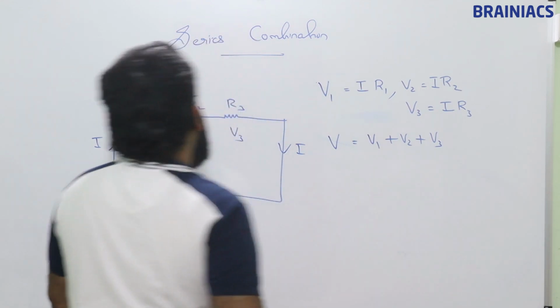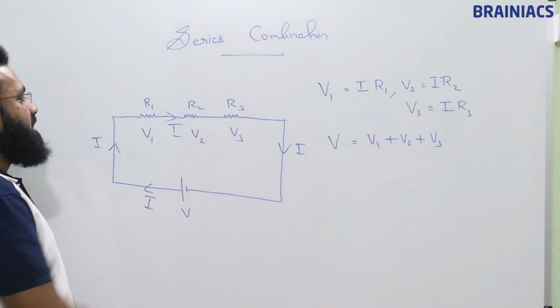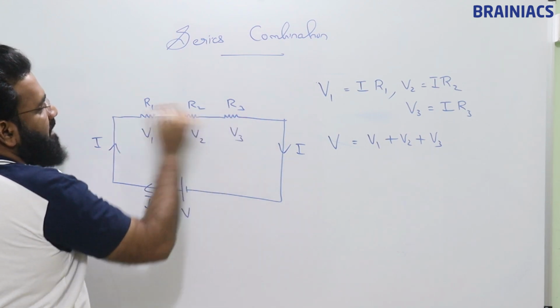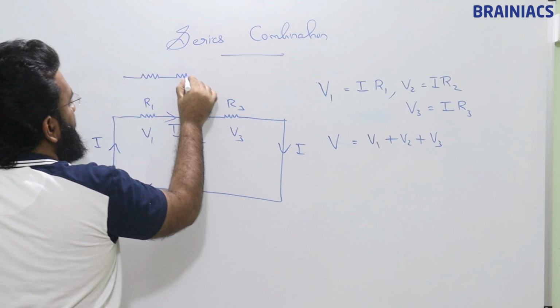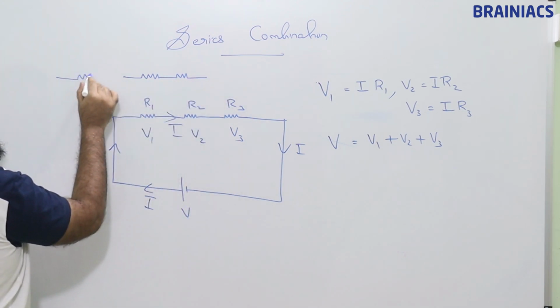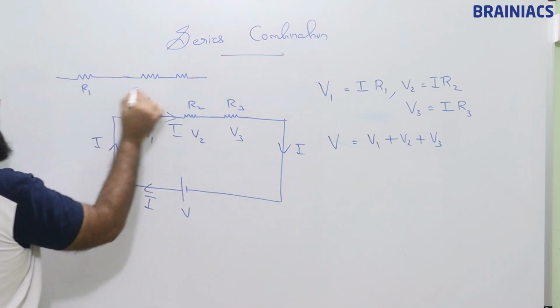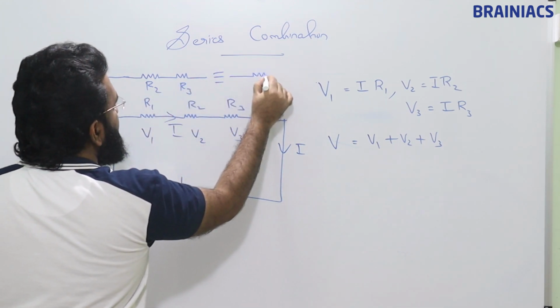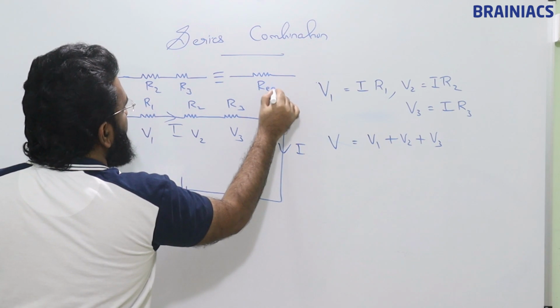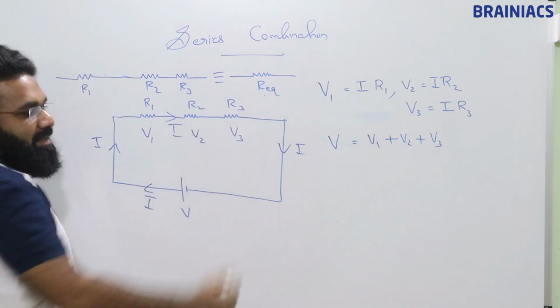Now suppose if we consider this resistance, what is the equivalent resistance of this? If three resistances R1, R2, R3, if we replace with a single resistance R equivalent, then what will be this resistance?